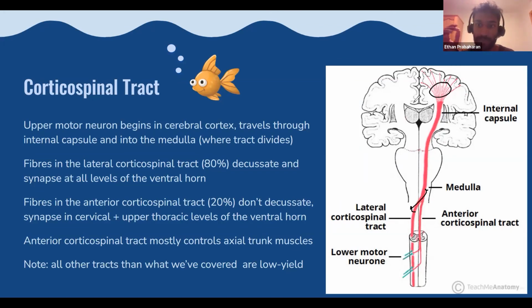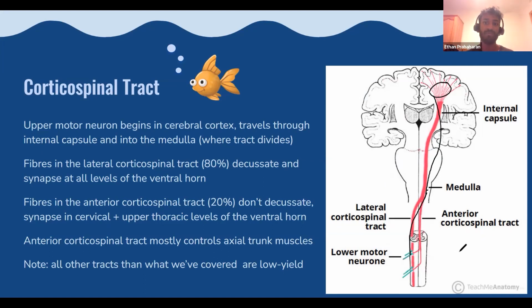This is one upper motor neuron, starts in the cerebral cortex. Most of the fibers will switch over at the medulla. The remaining 20% just don't decussate, and they'll synapse in the cervical or upper thoracic levels of the ventral horn. So they don't decussate, and they'll come out as a lower motor neuron somewhere else.